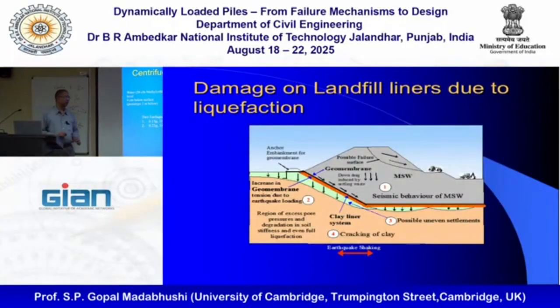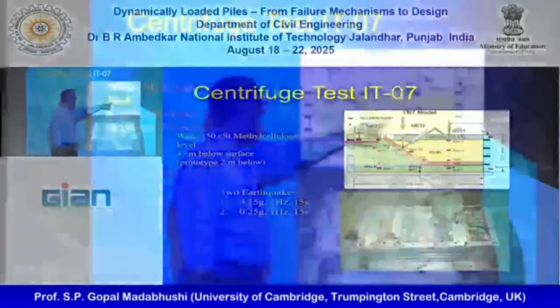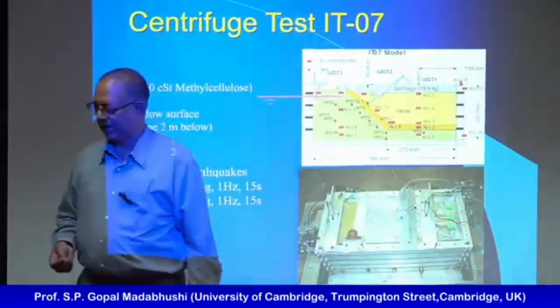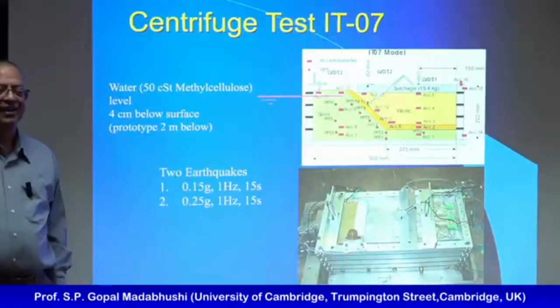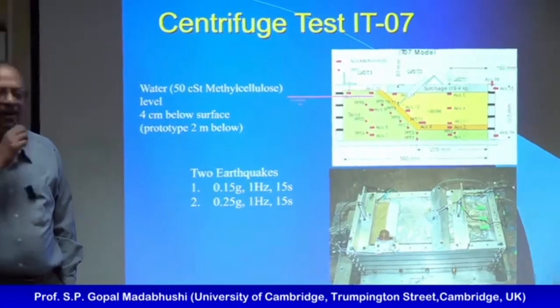So we created a model. This guy, Tushyantan, is very good. Our centrifuge model was like this. This is the loose sand which can liquefy. We fill this with model waste and the clay liner. We had to create model waste, unlike at IIT Delhi, where there was a guy who actually went to real landfills and got the waste to characterize it.